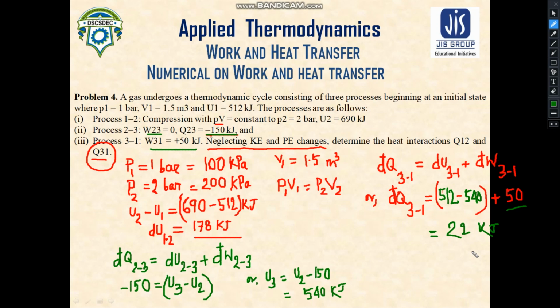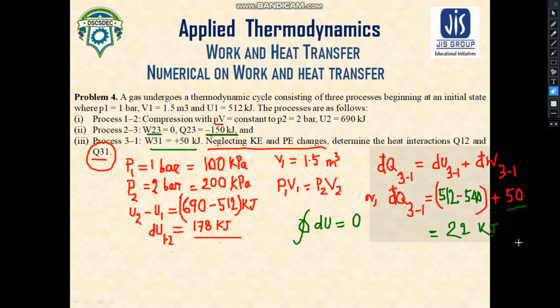There is another way. Since we know that the change of internal energy will be 0 for a cyclic process, we can also solve it using this relationship, dU is equal to 0. Let us try to solve this problem this way.